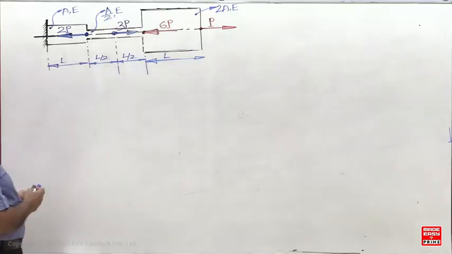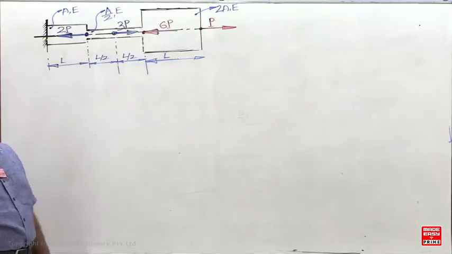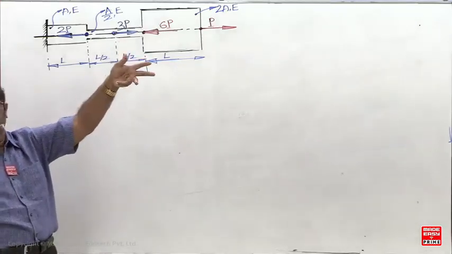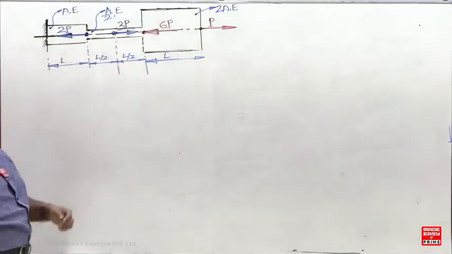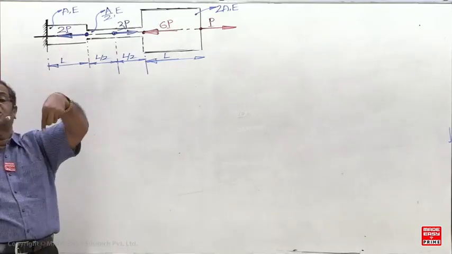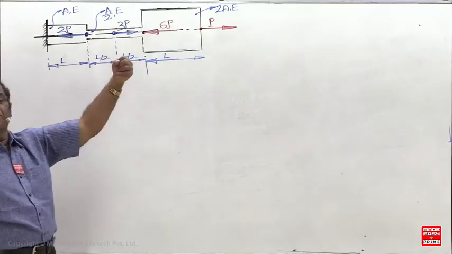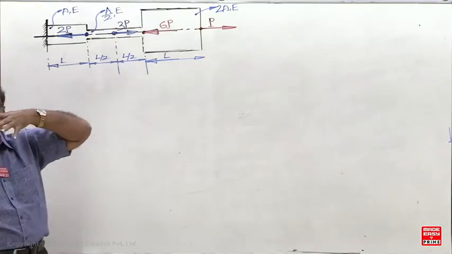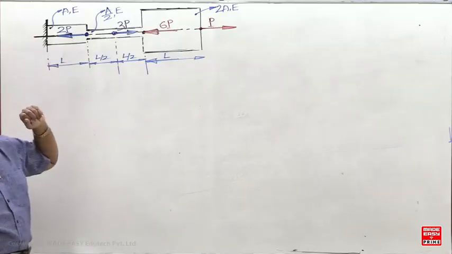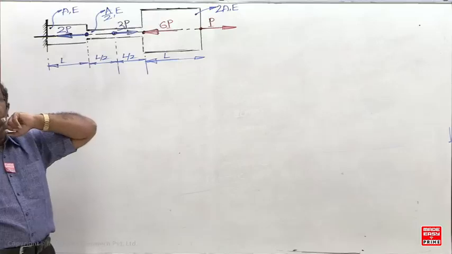So first find out the reaction. How to find out the reaction? At a fixed support, how many reactions? 3 reactions: horizontal, vertical and moment reaction. But you are getting only the horizontal reaction, no vertical reaction, because to get a vertical reaction, at least one transverse point load is required.